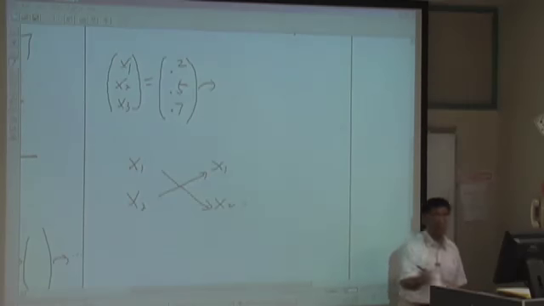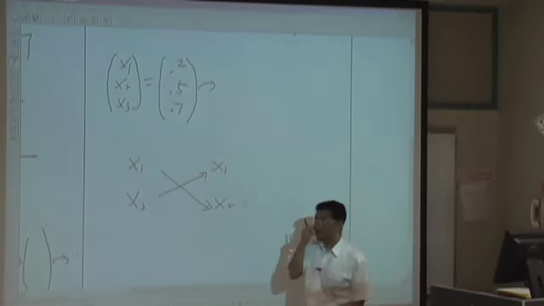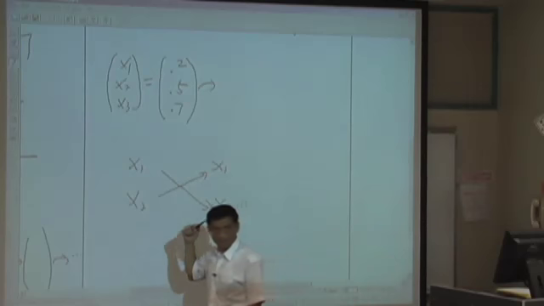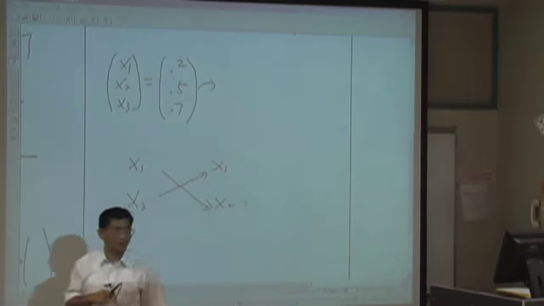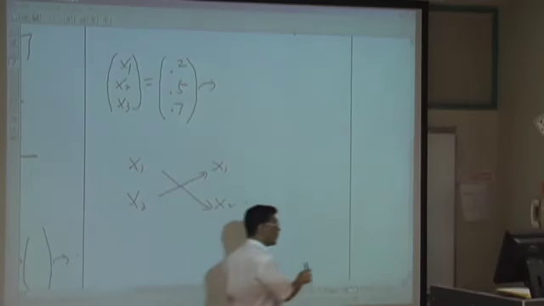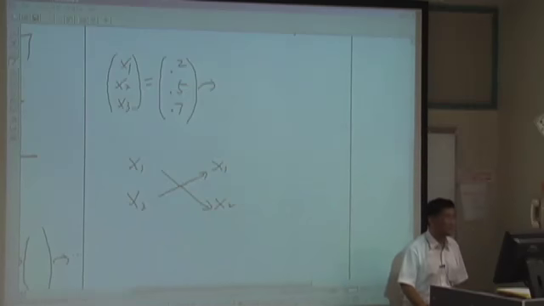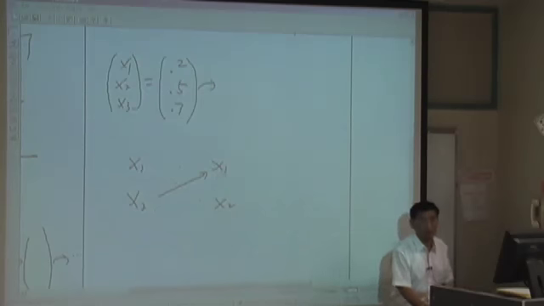Up to this point it looks fine, but even this step we can improve. Once we have determined the new x1 by doing this, why should we use the previous x1?